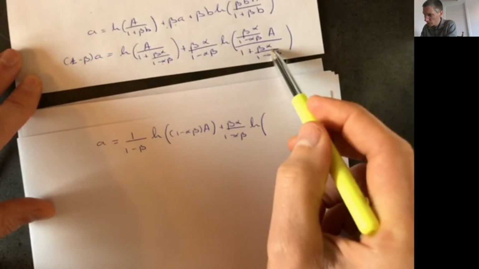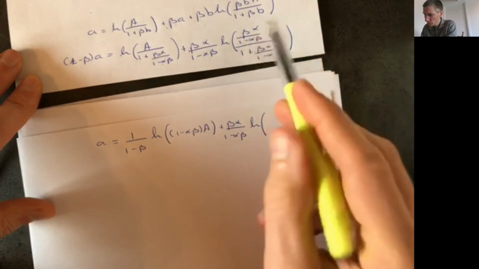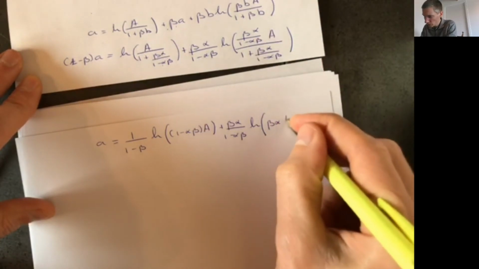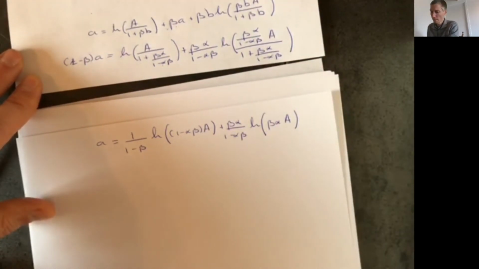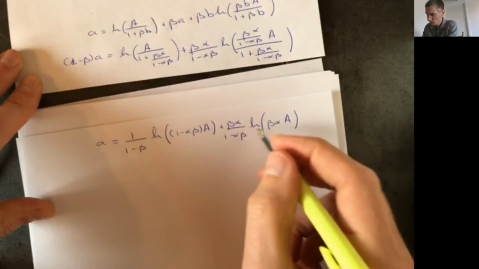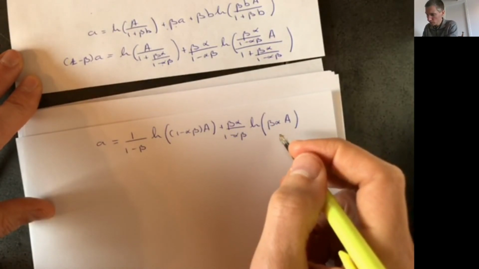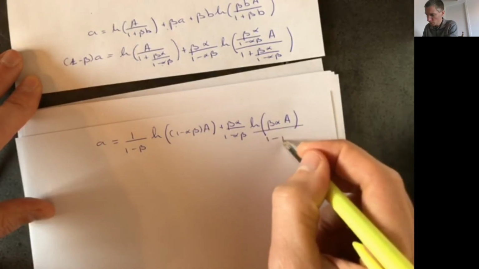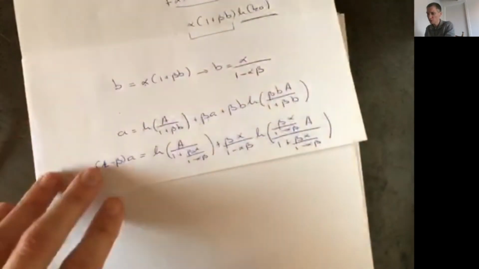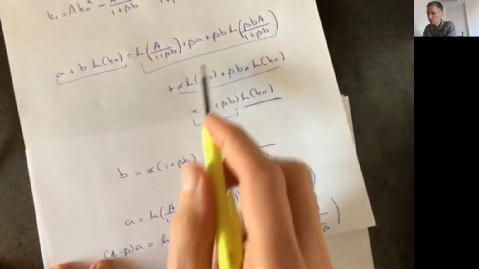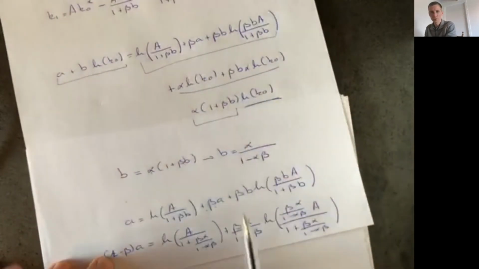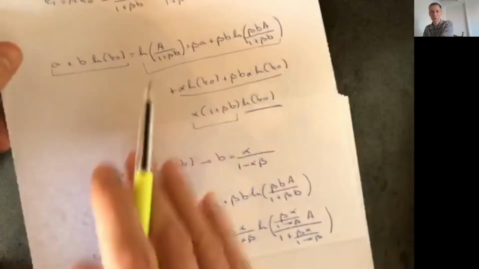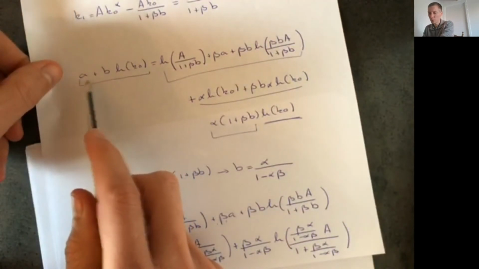So here I have the same thing, but this gets rid of this, so I have beta alpha a. And then I have to probably divide this by 1 minus beta or something. Okay, I'm not entirely sure that everything is working out, but in general we see that we have two equations and two unknowns, and we can solve this. So this indeed is a solution to the problem, and I can explicitly compute a and b.